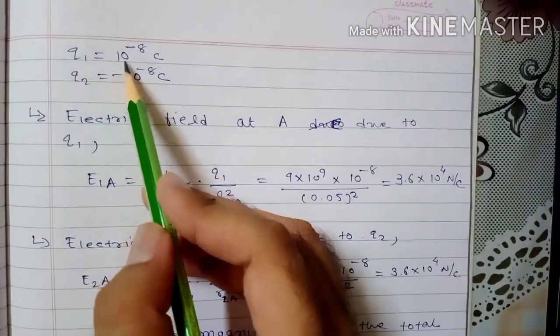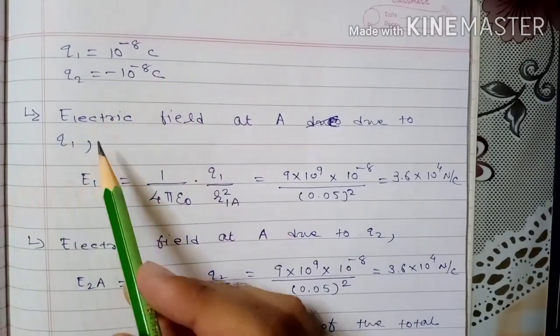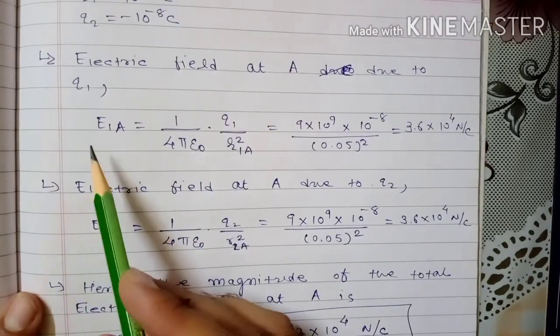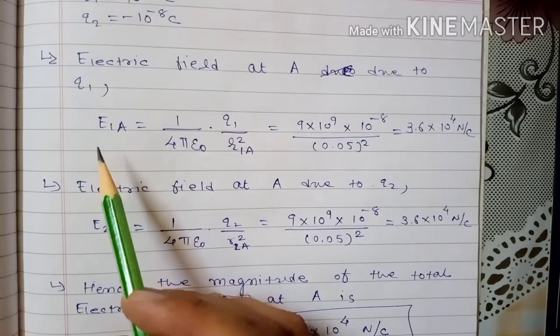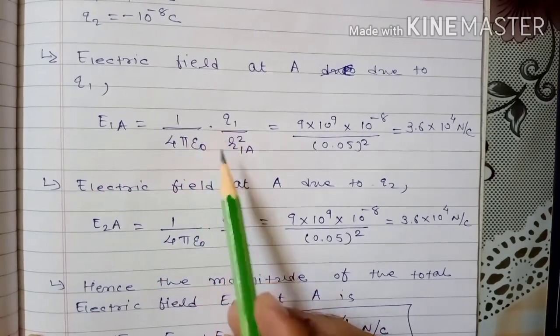First charge, that is 10 raised to minus 8 coulomb. Second charge, that is minus 10 raised to minus 8 coulomb. Electric field at A due to Q1, that is E1A. We know the formula of electric field due to a point charge: 1 upon 4 pi epsilon naught Q upon R square.